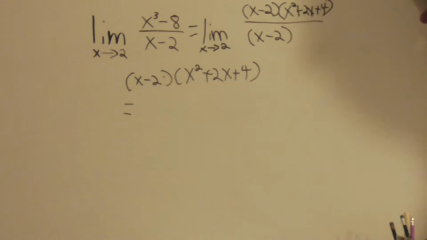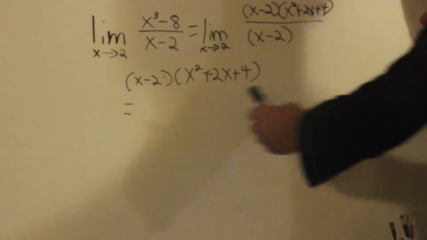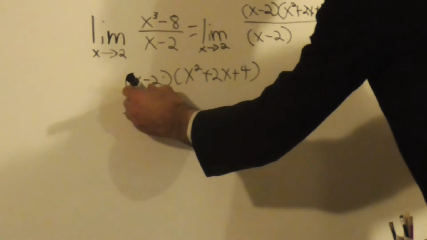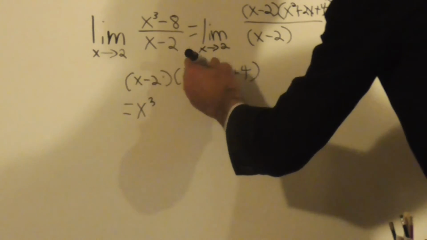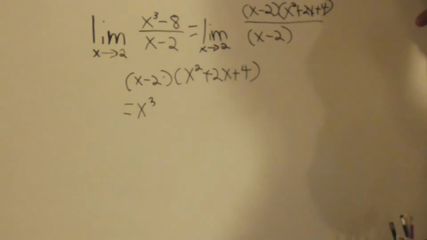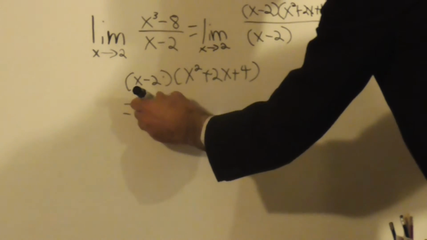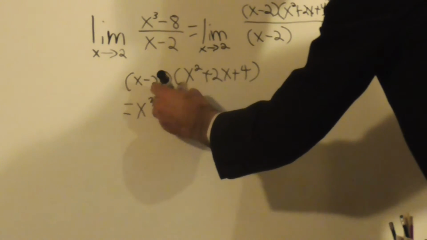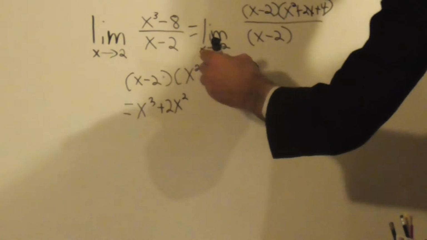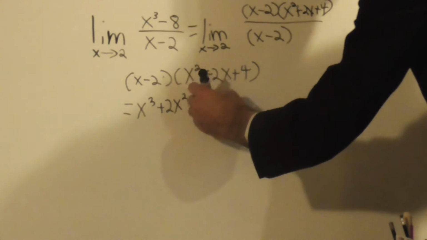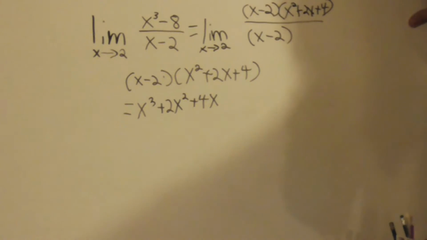This is basic algebra 1 and algebra 2, but we have x multiplied by x squared is x cubed, x multiplied by 2x is 2x squared, x multiplied by 4 is 4x, and then we multiply the negative 2 by every term.